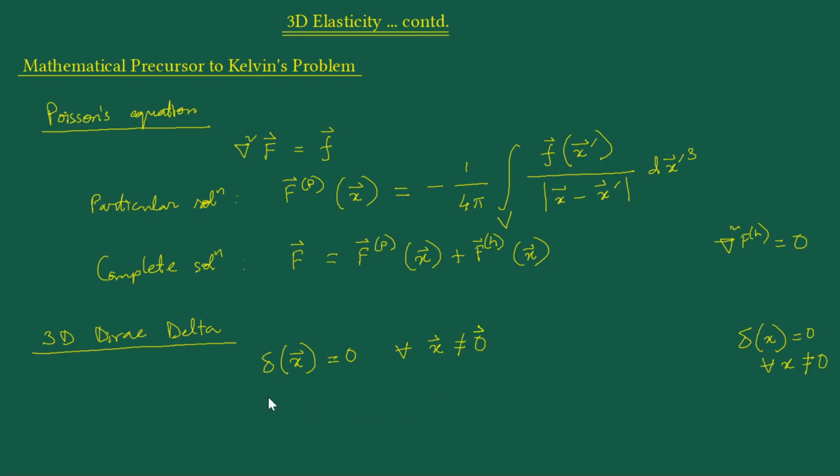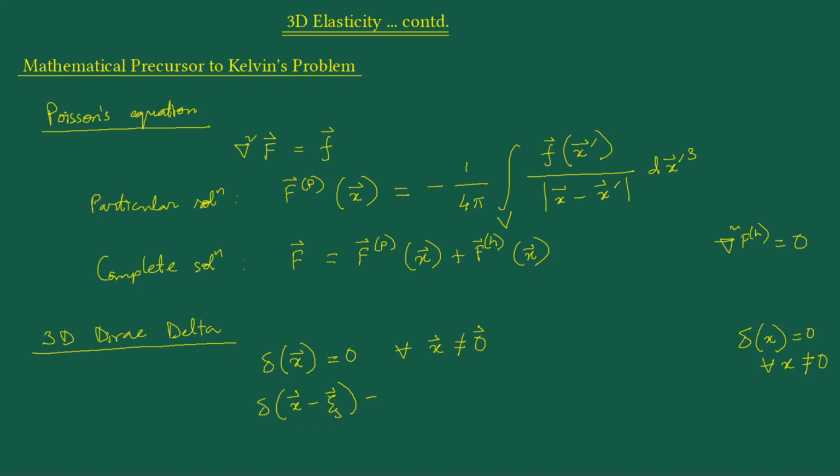Now you have to understand that whatever is present inside these brackets, as long as that is not equal to 0. For example, we could have a situation like delta of x vector minus xi vector.